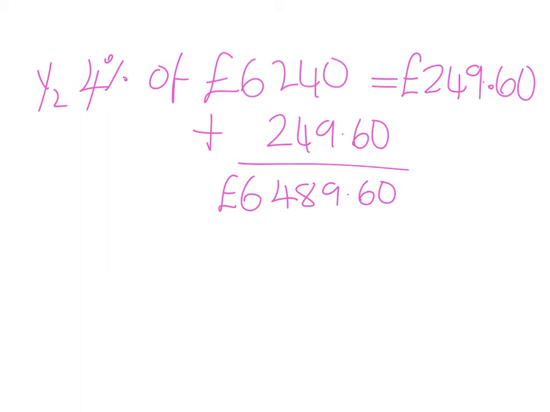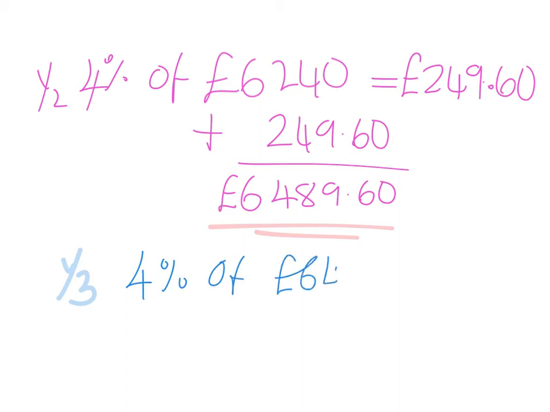And for year 3, we're going to start with that amount. So in year 3, we need to find 4% of £6,489.60, which is £259.58.